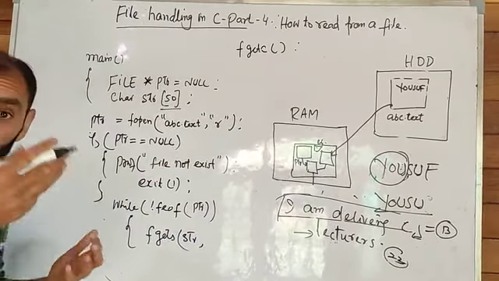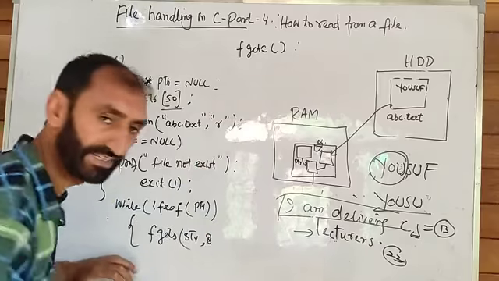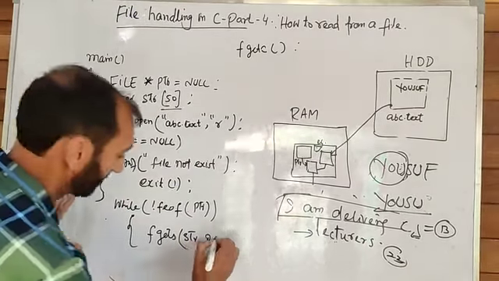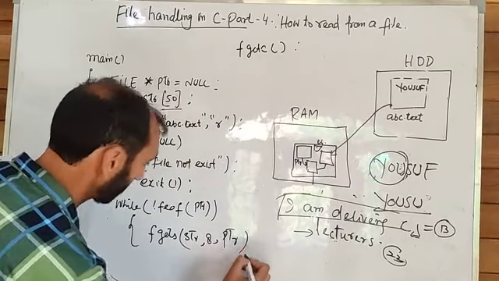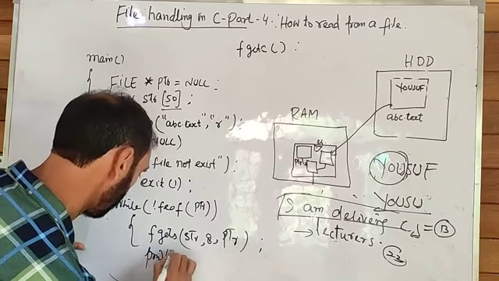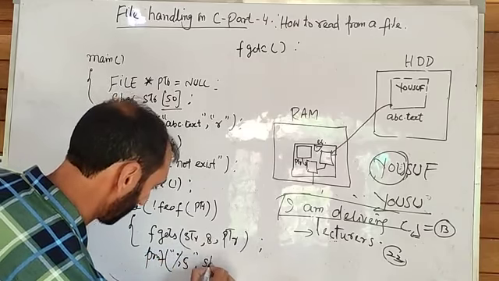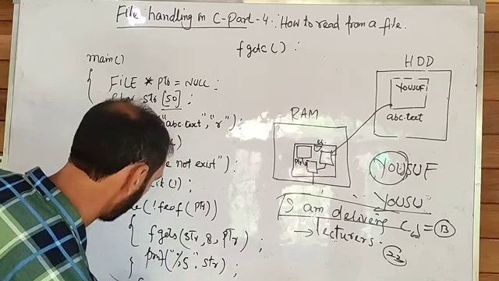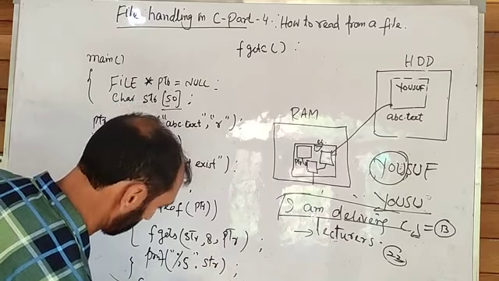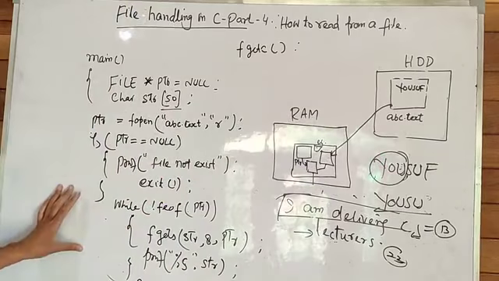Then how many characters you want to read at a time. For example, I want 8 characters at a time. And then the name of the pointer, that is ptr. After that I could print with %s the string str, and then fclose ptr, and that is it. Take care.